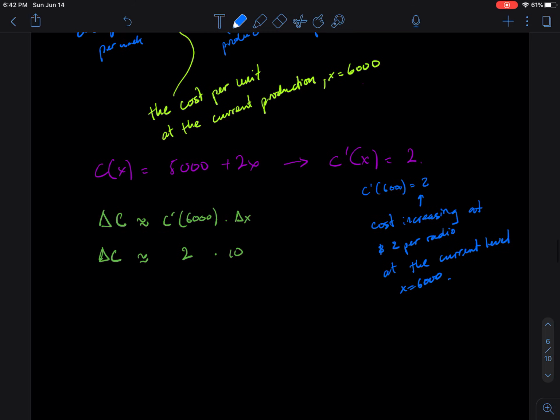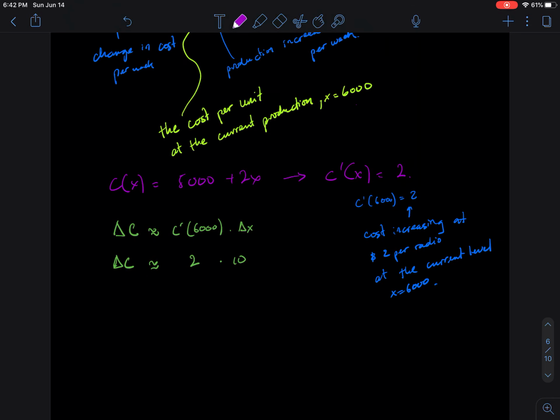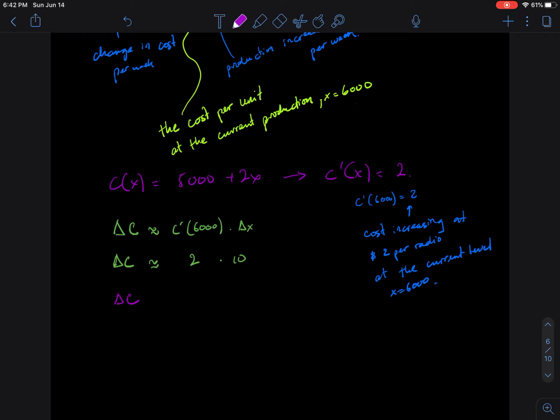All right, now let's finish the problem. So delta C, or the change in cost, is approximately $20.